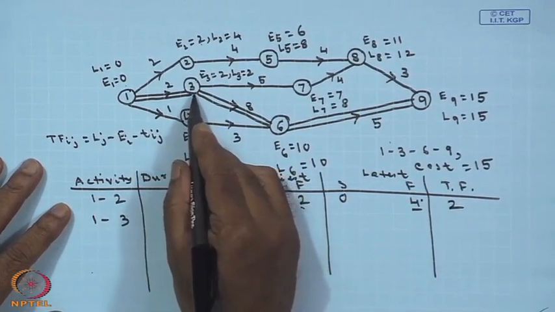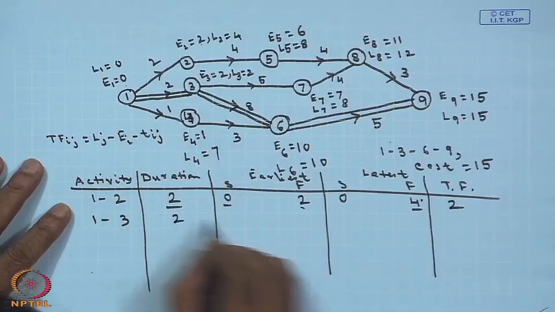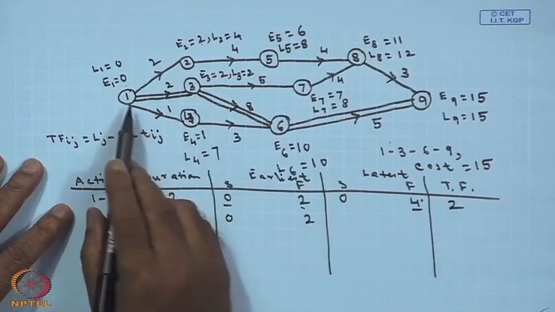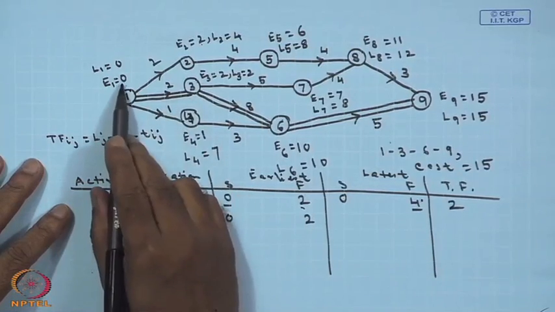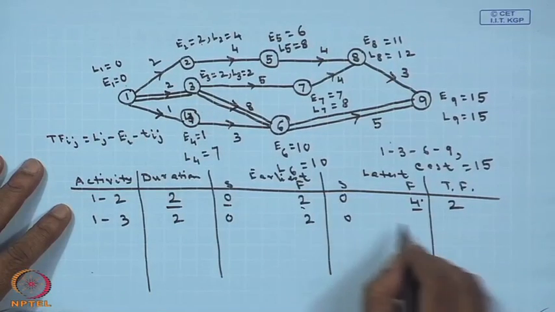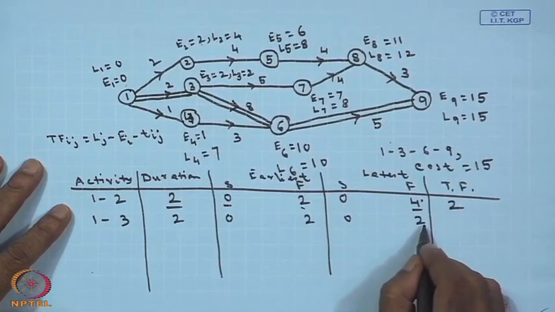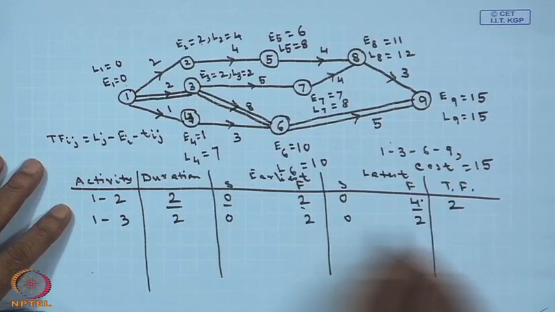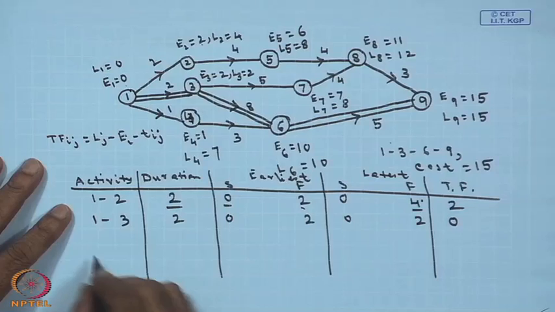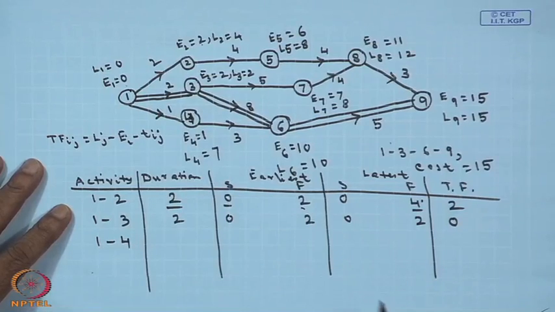For 1 3, I am writing this is 0, this is 2, because for 1 3, E 1 is 0, E 3 is 2, similarly L 1 is 0, L 3 is 2. So, this is 2. If you calculate 2 minus 0 minus 2, it becomes 0. So, just like this you can calculate the total float. The next one is 1 4.